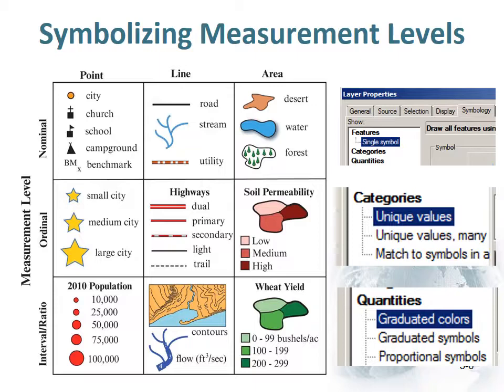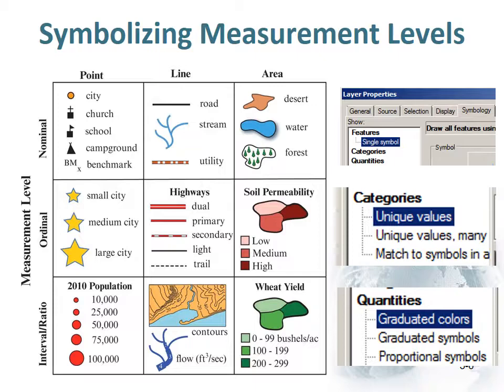And the last, for interval ratio data, both of those work kind of the same way. Here we have on point symbols for cities, we can actually apply values with either of these rankings, and not just words that are describing small, medium, and large. Now we're saying, well, 10,000, 25,000, 50,000.